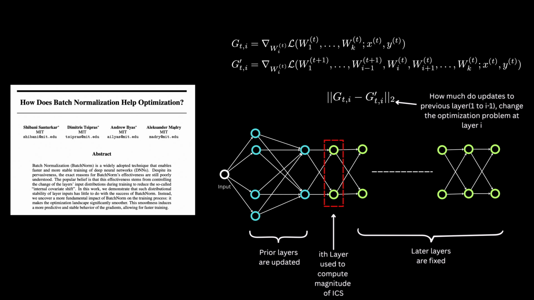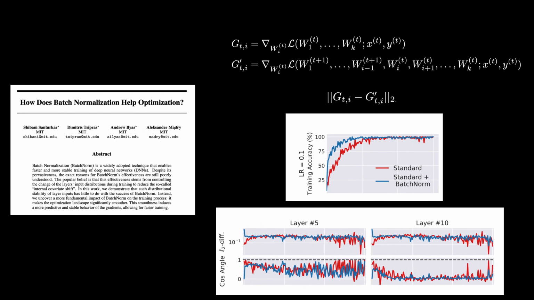However, batch normalization doesn't offer any advantage from this perspective as well. The gradient change, be it in terms of direction or magnitude, is not lesser than unnormalized network. The authors claim that based on these experiments, internal covariate shift and its reduction has little impact, which means the effectiveness of batch norm must be from some other reason.